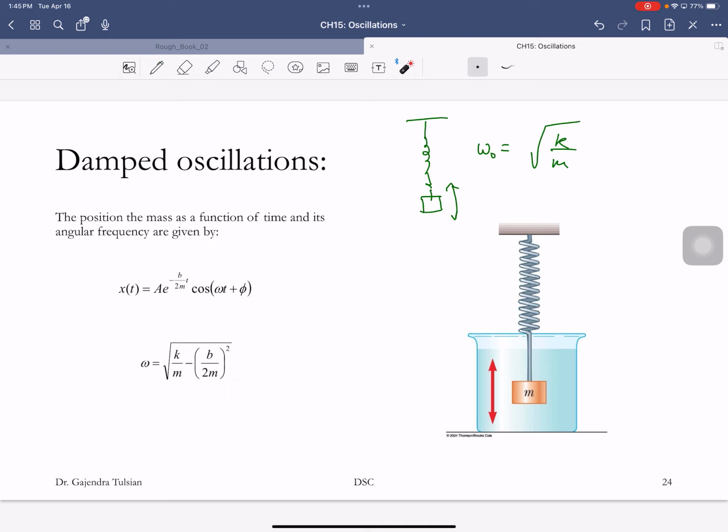With friction present, the frequency of oscillation changes. This is omega naught square. So the new frequency is slightly smaller. It's smaller by this amount. So omega naught was the frequency of oscillation without friction. For the same system, if you add friction, now the frequency of oscillation decreases.